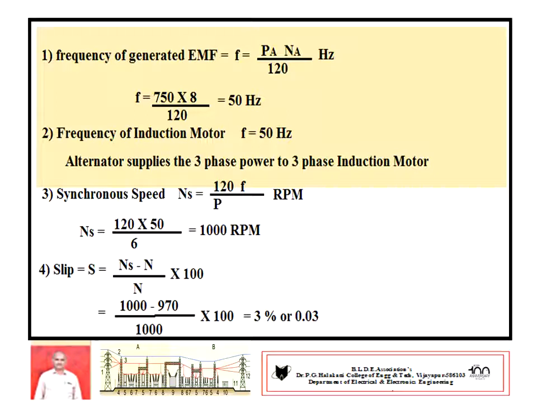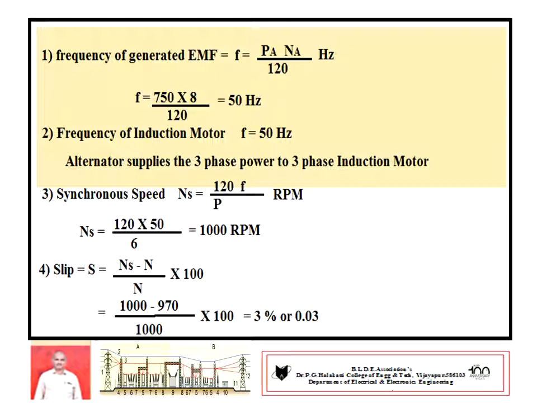Then note down the data of the induction motor: number of poles 6, frequency of motor 50 hertz. Then go for the second point, calculate the synchronous speed of the induction motor. Keep in mind ns equal to 120 f by p, f of motor 50 hertz, p poles of motor 6. So, we get ns equal to 1000 rpm.